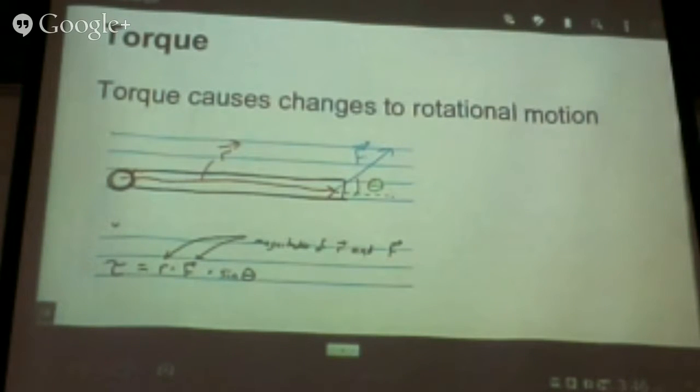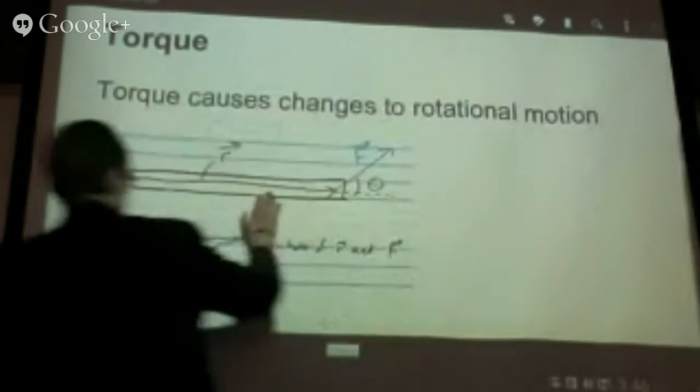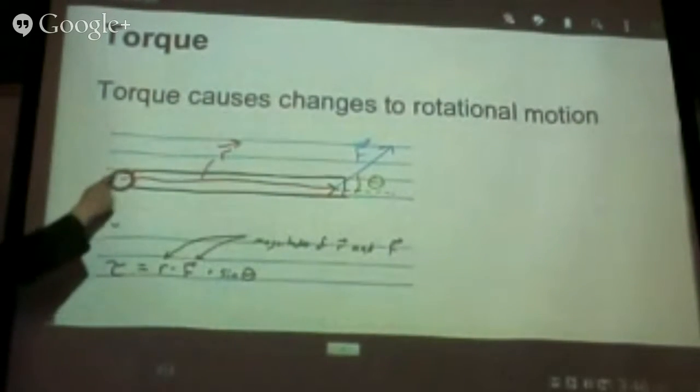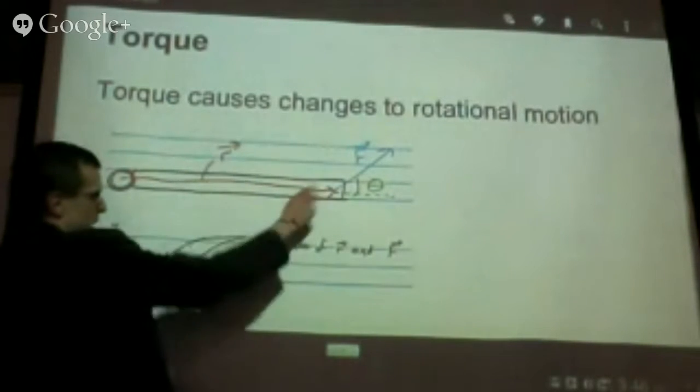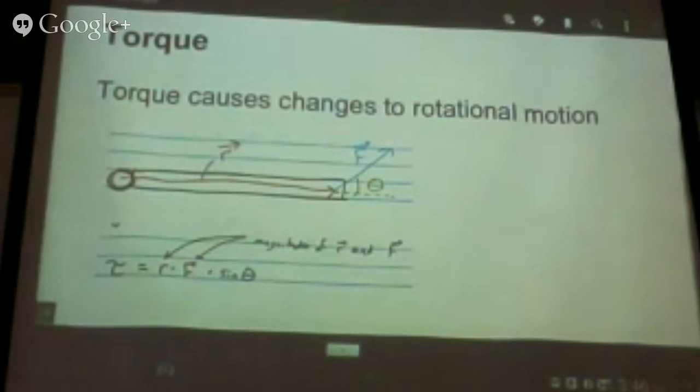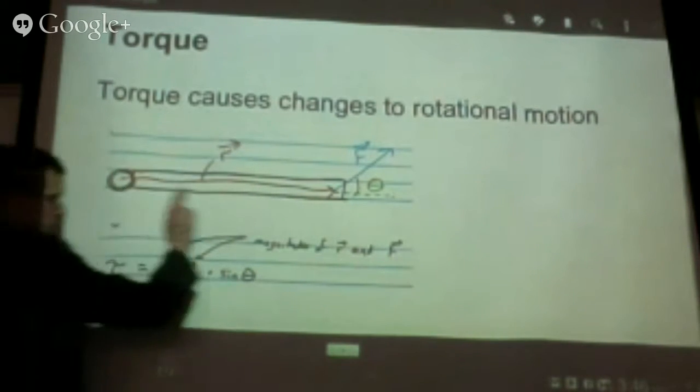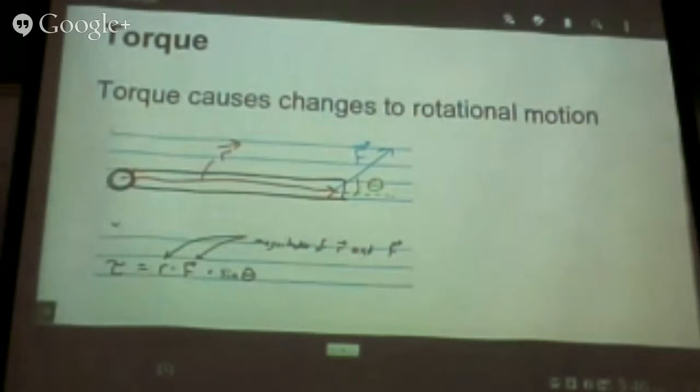If we think of this situation, I think I described this as like a door from above, where this is the hinge for the door and then the handle would be out here. We're applying some force that's shown there to the door, and it's some distance r away from this center of rotation. We can calculate the torque as that distance times the magnitude of the force times the sine of the angle between those two.